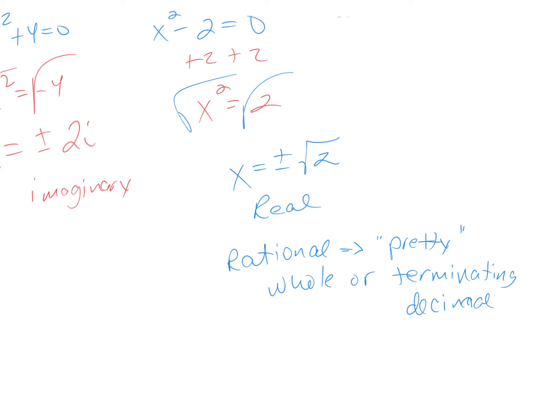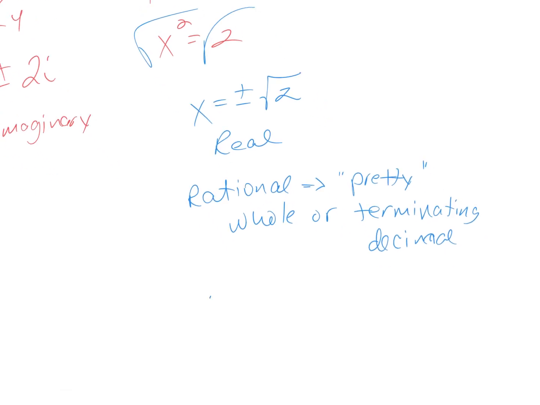So a real number is not imaginary. But if I talk about rational, it's something that's pretty. If we talk about irrational, those are not pretty. Pi is an irrational number. It's a decimal that goes on forever and ever, right? So if I asked you the square root of 2, is that a pretty rational number, or is that a gross decimal?